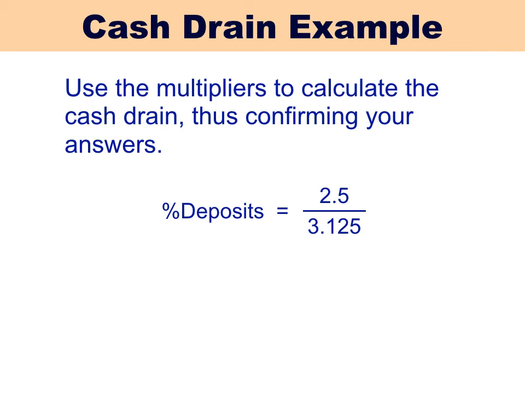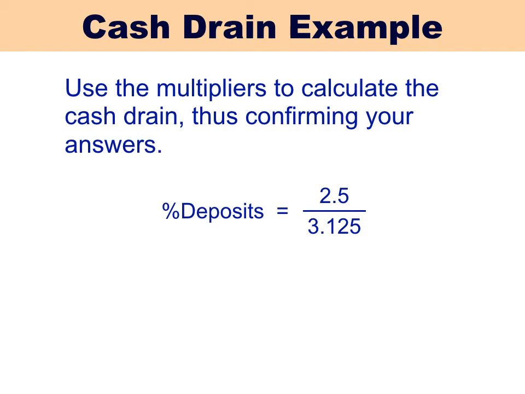Sure. We know that the percent of deposits is going to be all of your deposits divided by all of your money. 2.5 was my multiplier for deposits. 3.125 was my multiplier for the money supply.